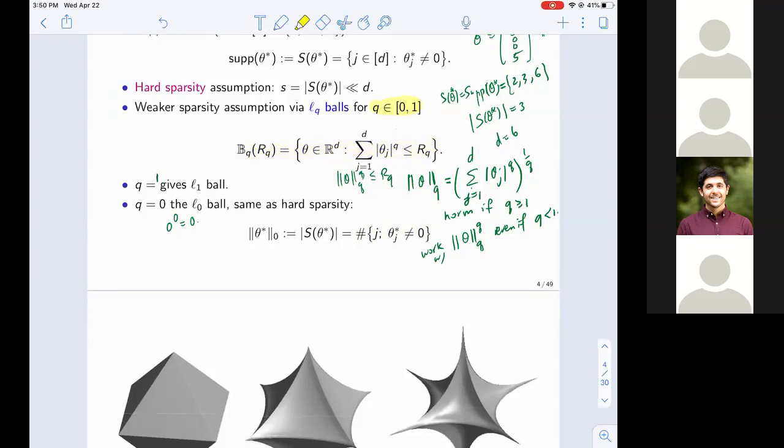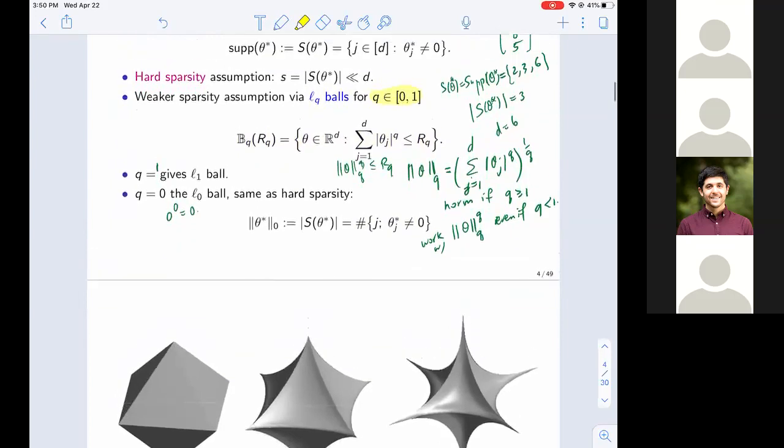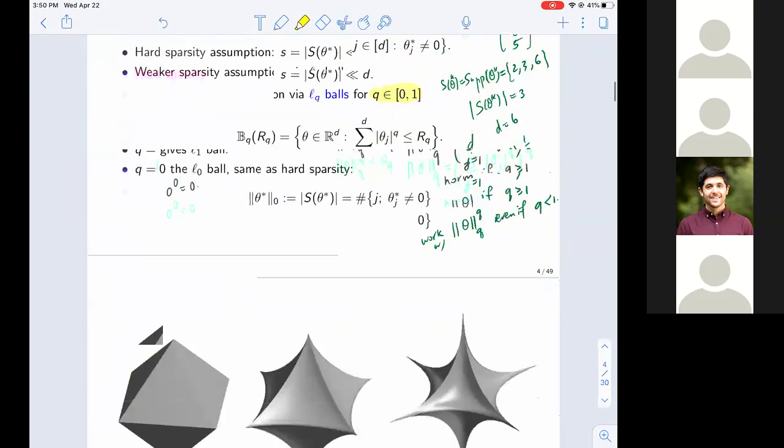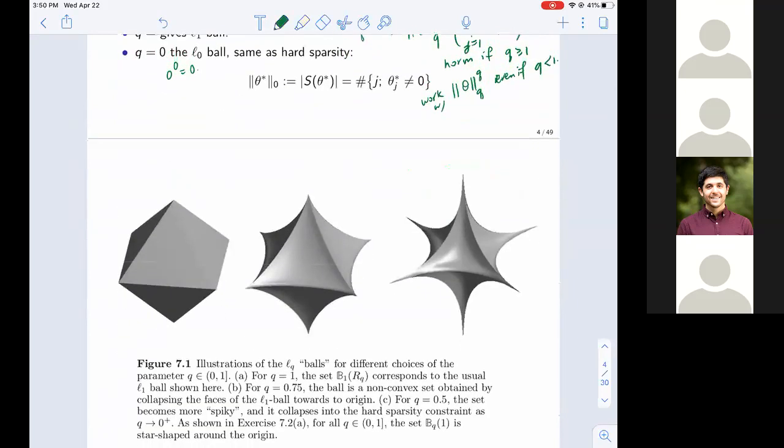So why do we work with Q between 0 and 1? These are the images of the unit balls of these quasi-norms, the set where the sum over j from 1 to D of theta j to the Q is less than or equal to 1.